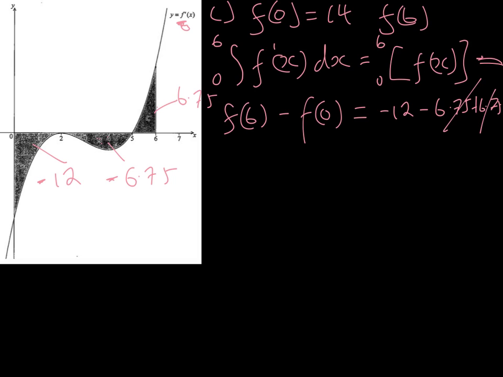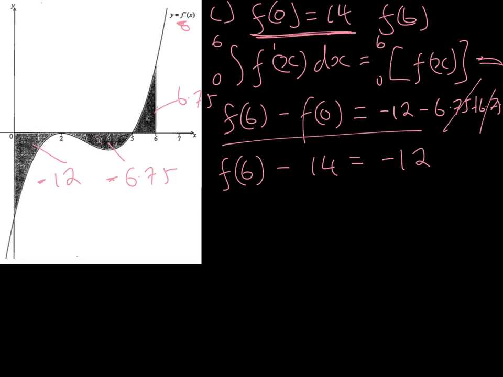So these two cancel out, and you end up with negative 12. We're told in the question that f of 0 equals 14. So we can rewrite this as f of 6 minus 14 equals negative 12, and therefore f of 6 equals negative 12 plus 14, which equals 2.